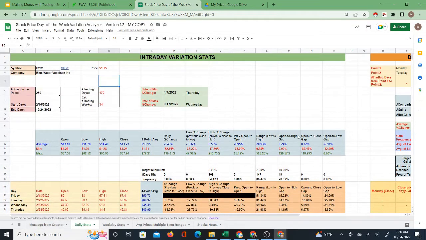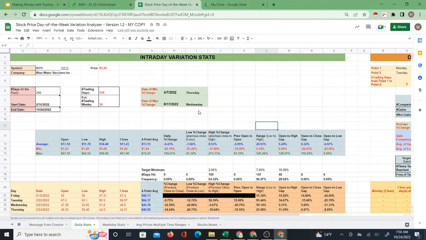Now we can see, for one, before I get to the days of the week, that it has a really large range of 20.93%. So this is something that goes up a lot in a short amount of time, and that's what I'm looking for.